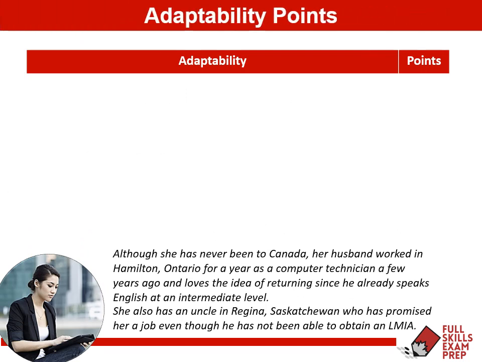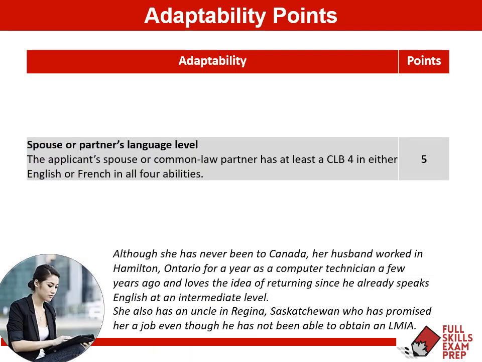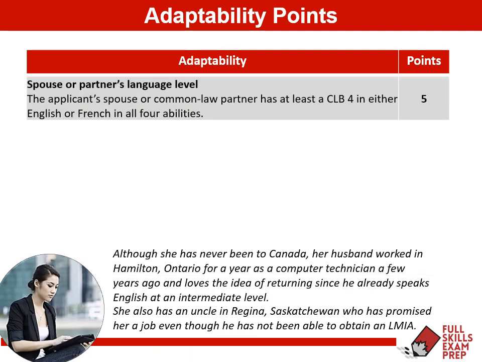Now Shing is pretty interesting in terms of adaptability because we can see a few of the elements in the grid in this scenario. So remember that her husband worked in Hamilton for a year as a computer technician, and he also speaks English at an intermediate level. So when you're looking at that, the intermediate level is obviously above a CLB4.